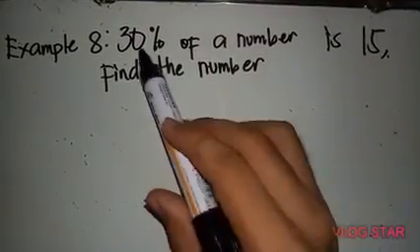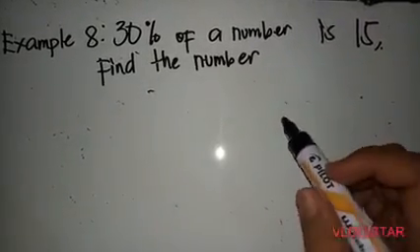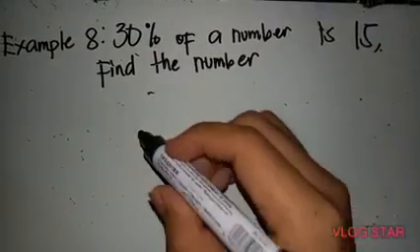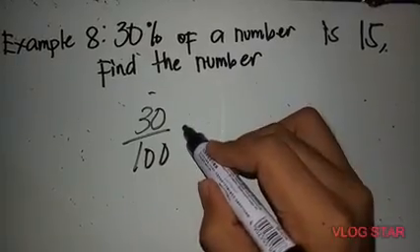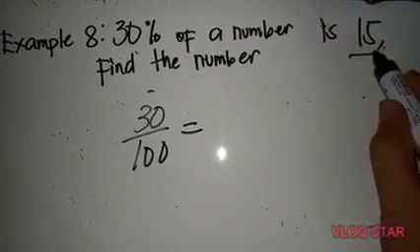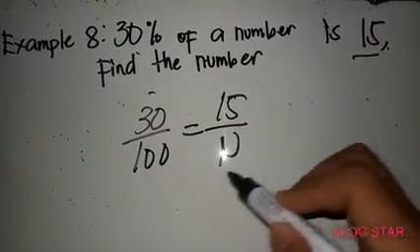So another example, 30% of a number is 15, find the number. So in this case, we can write this as 30 to 100, so that is 30%, then 15 in the upper part, and n is the number.